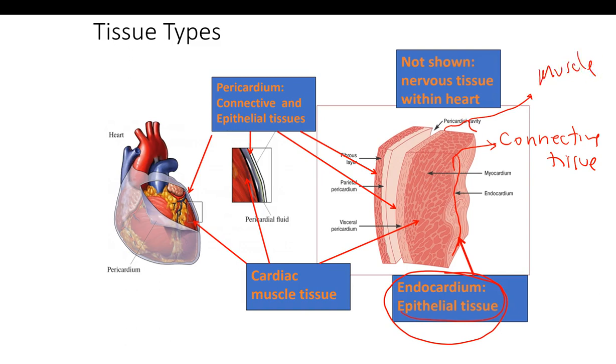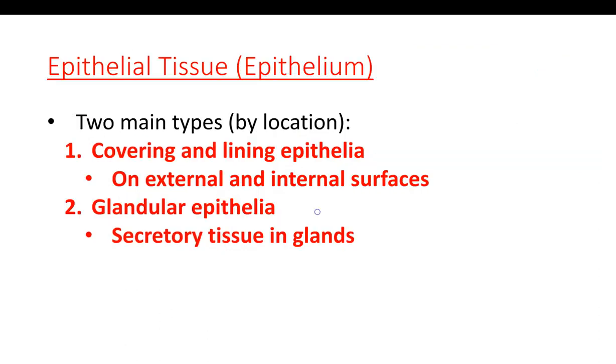So again, the walls of the heart are made of muscle tissue. And then we have, again, layers of epithelial and connective tissue. Nervous tissue will be in the form of nerves that are going to innervate the muscles of the heart. So most organs are going to be built by all 4 types of tissue.